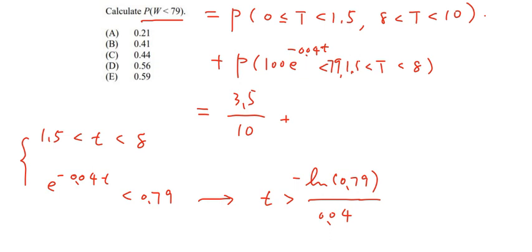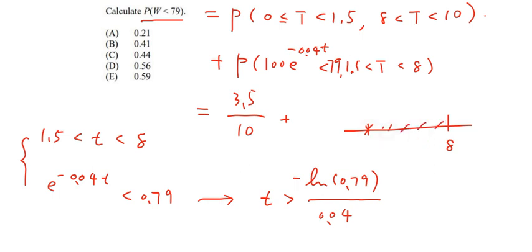So this probability, t is between this and also 8.